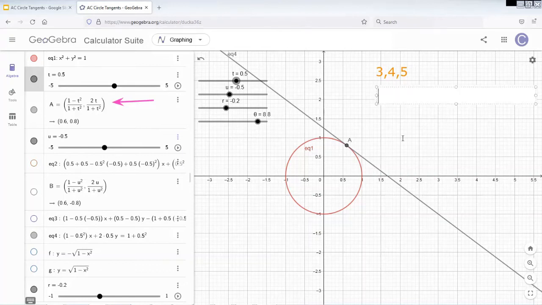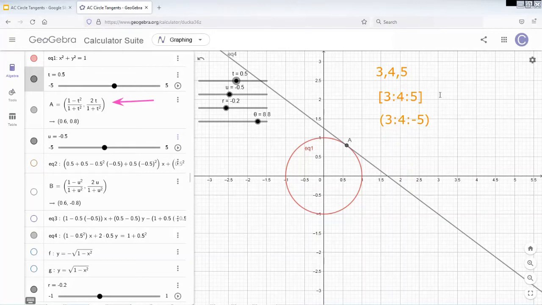Okay, that means that in projective coordinates, the point (3, 4, 5) is a point on the unit circle, and the line (3, 4, -5) is the tangent line to that point.